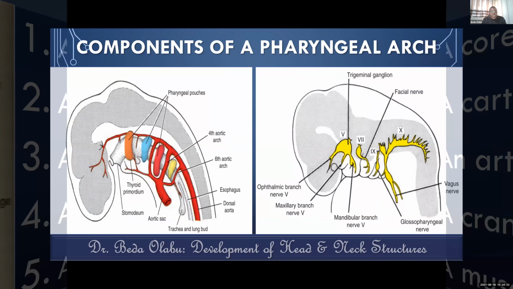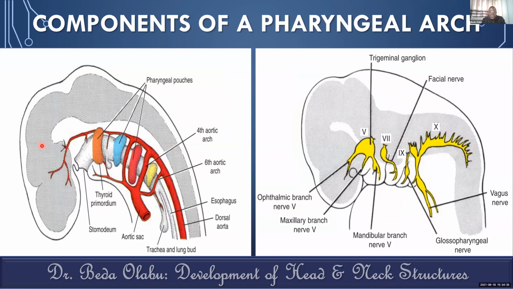These images show us what I've just told you. At some point, there's a large vessel that comes from the heart. We call it the aortic sac. This aortic sac gives branches, paired ones, so we have right and left, which go through the pharyngeal arches. So each pharyngeal arch will have a blood vessel running through it.